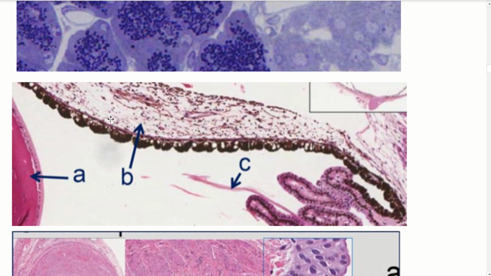The iris is kind of like the shutter, remember? So it controls how much light is let into the eye. So it can open and close to decide how much light is allowed to enter into the globe of the eye. And see these zonules, remember, these are going to attach.